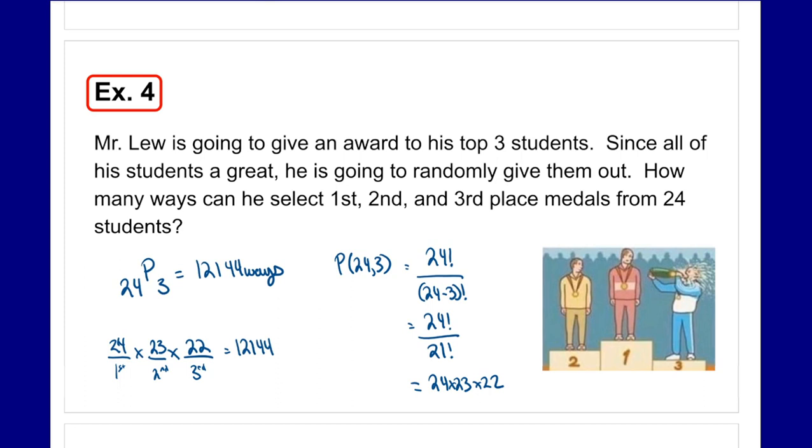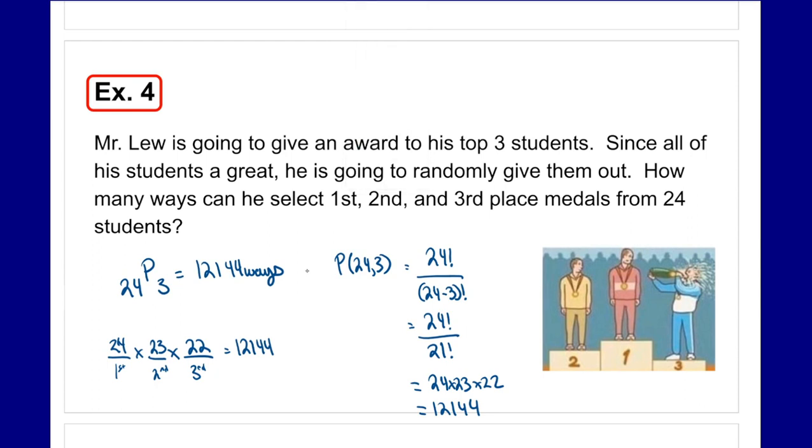We could expand it the long way, cancel out values or repeats that we have on both the top and the bottom, and we end up with 24 times 23 times 22, which is 12,144 ways. So 3 different ways that you could go through and solve these types of questions.